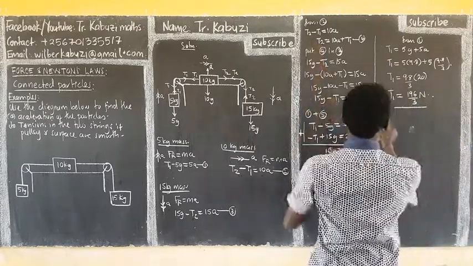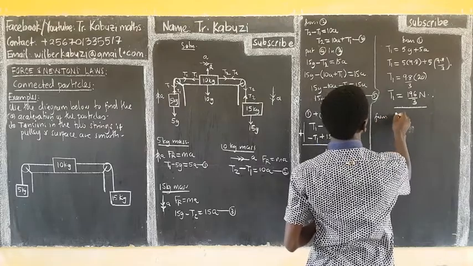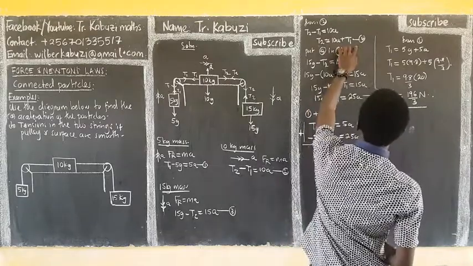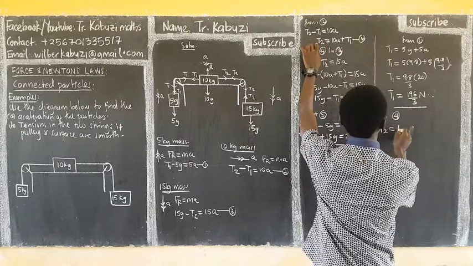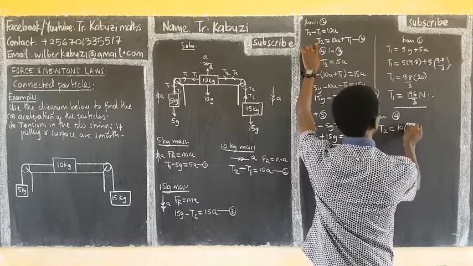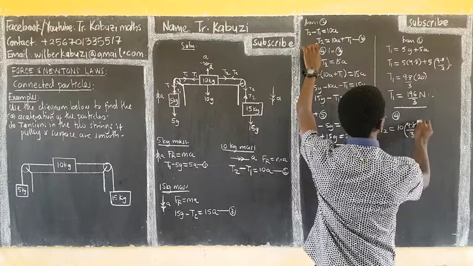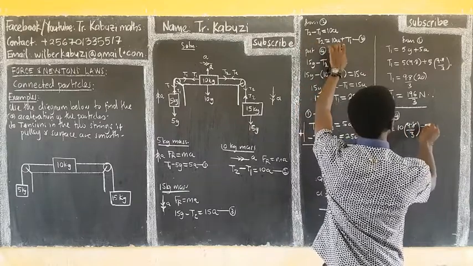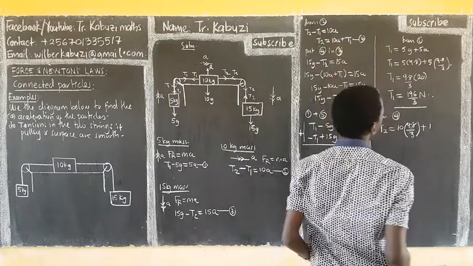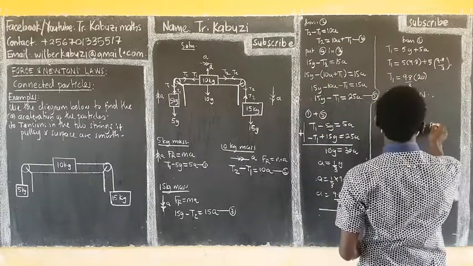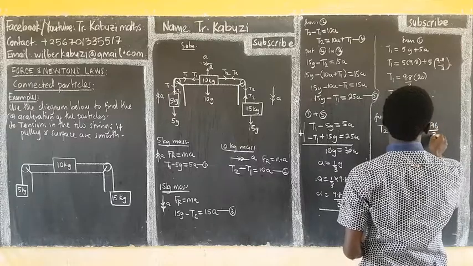You come here from 4. This is our 4. So our T2 will be equal to 10 into 9.8 over 3, then plus T1, which is 196 over 3.